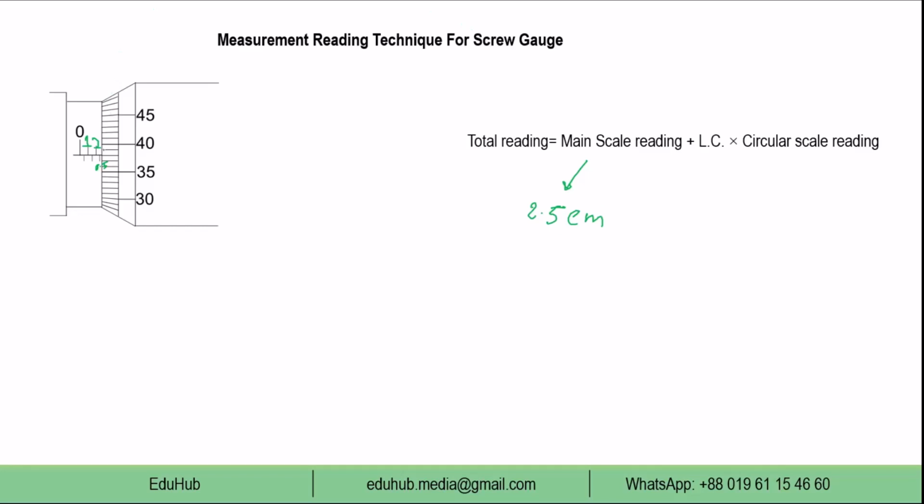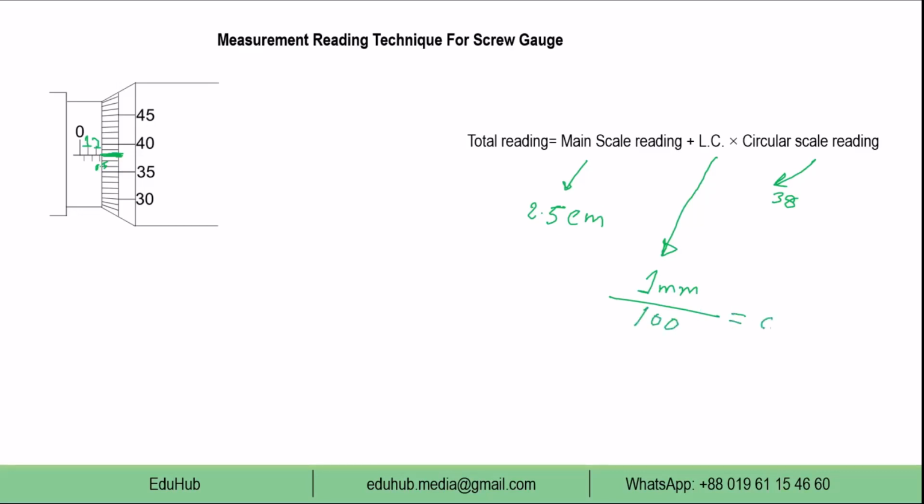Now we need to determine the circular scale reading. For the circular scale reading, we need to see which line of the circular scale coincides with the datum line. Here, this line of the circular scale coincides with the datum line. So the circular scale reading is 35, 36, 37 and 38. Let's assume that the pitch is 1 millimeter and the total division of the circular scale is 100.